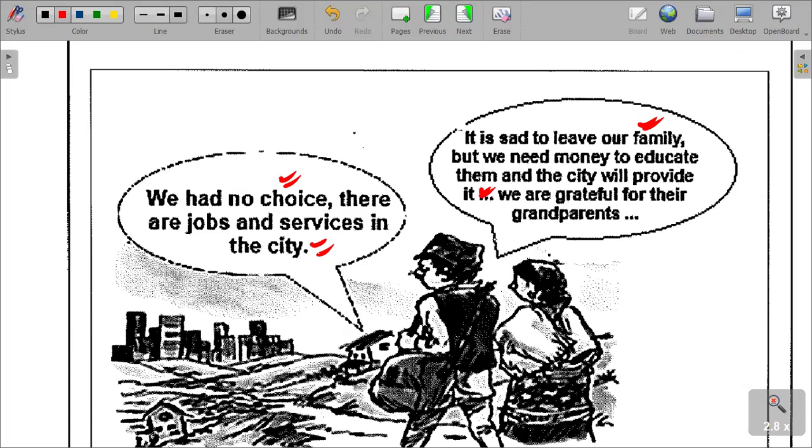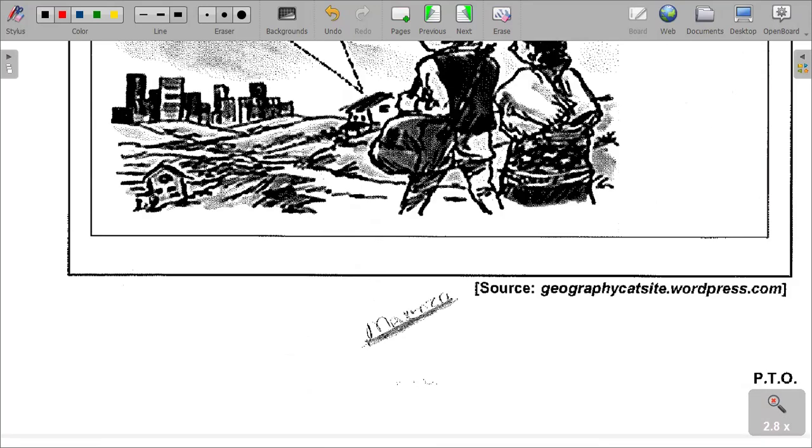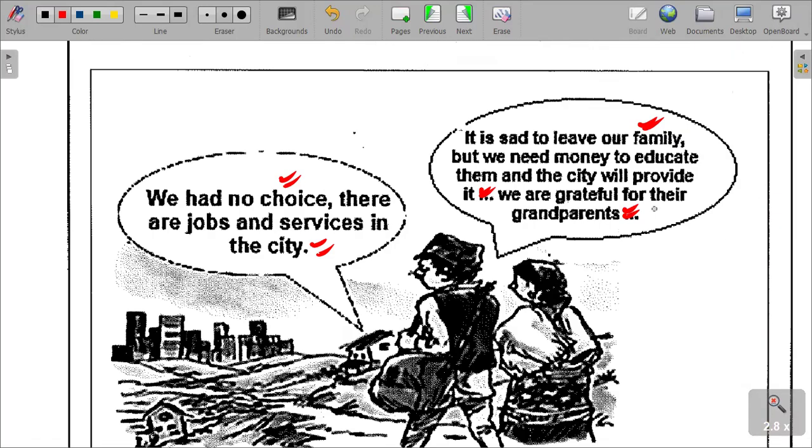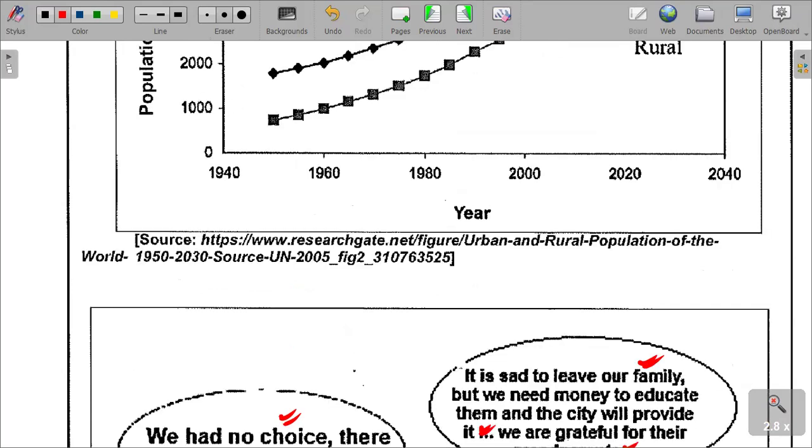People are moving from rural areas to cities in order to get better finances or better jobs. The grandparents are being left to take care of the children or families left behind by those people going to look for employment and other better ways of surviving or making money.